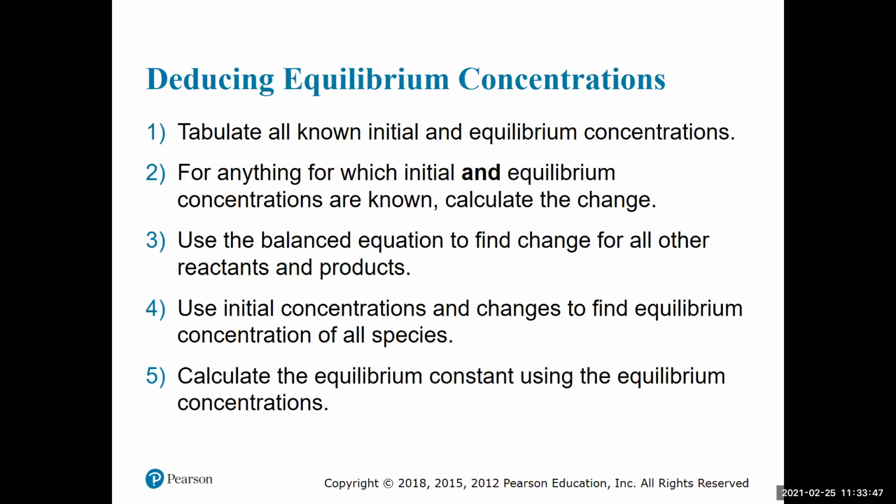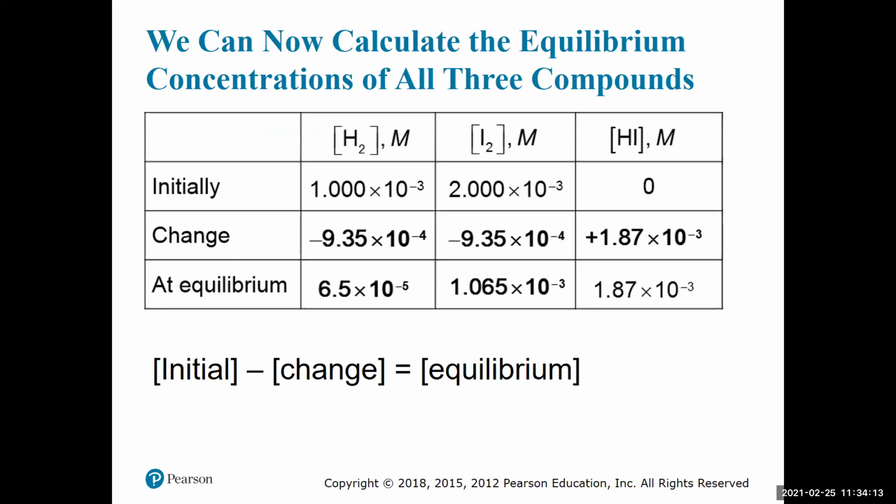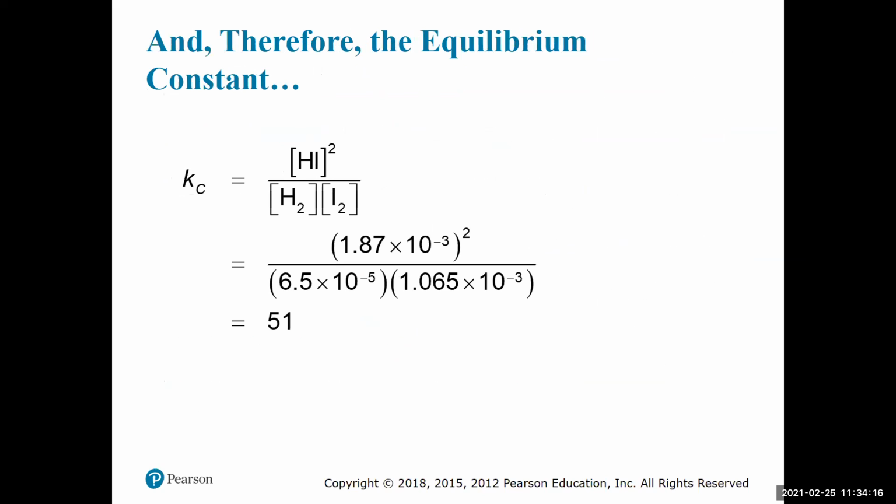Then we talked about going through here and seeing what other information we have and start filling in other places that we can: the equation, any concentrations at equilibrium that were given, figuring out changes, and basically going through the thought process that's on this slide to fill in this table. After we go through the process, we wind up with this. And then next thing we know, we can fill in our equilibrium expression and find that equilibrium constant.